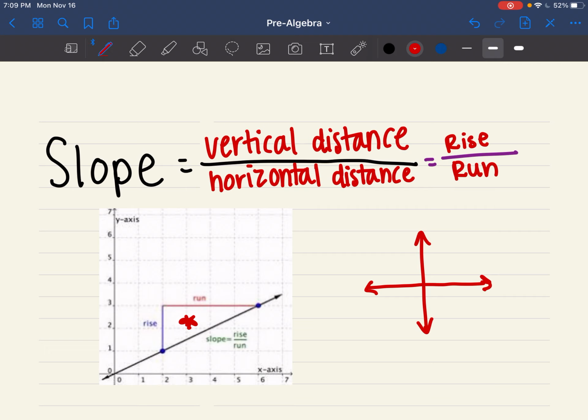If we are traveling up, our distance is going to be positive. If we are traveling to the right, our distance is going to be positive. But if we travel down or to the left, our distance is going to be negative. We'll talk a little bit more about that later.